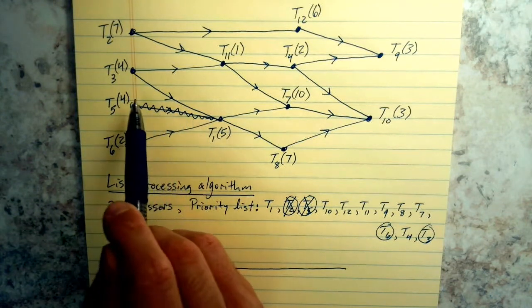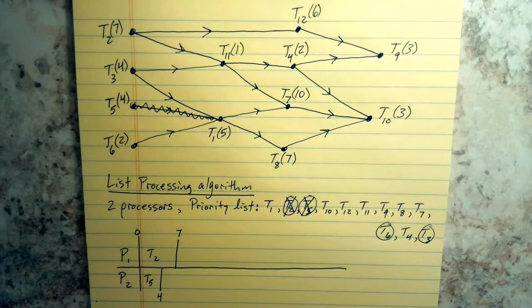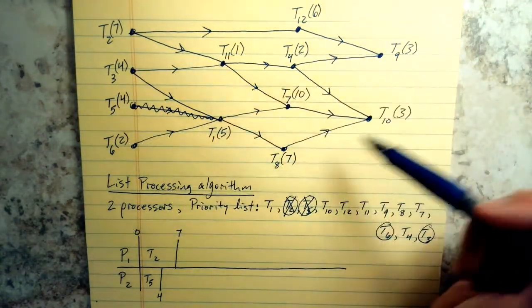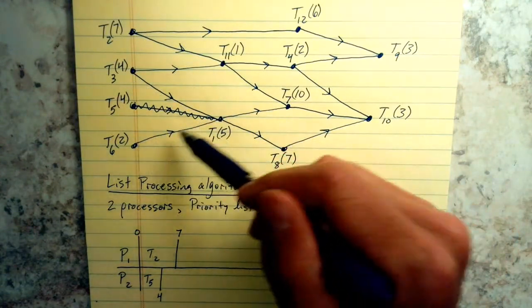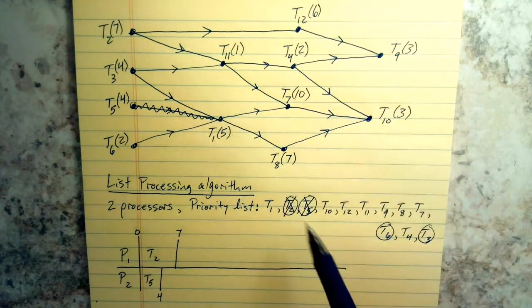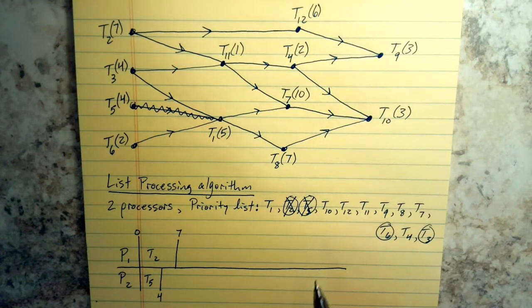Therefore, it's removed. It doesn't have to be considered anymore. And so I'll just check, is there anything up here that can be updated? The only thing affected was task 1, but it still has things that need to be done before it. So I can't circle it yet because it's not ready. So there are no updates to make at this time.